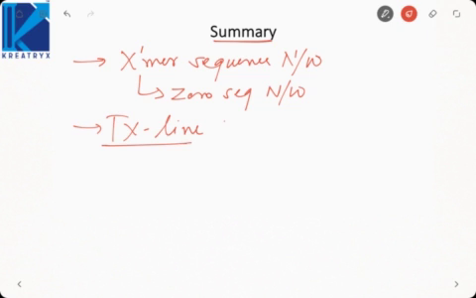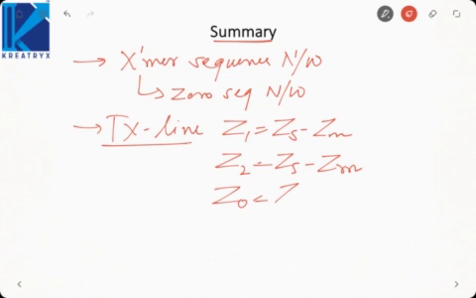In the transmission line we saw Z1 was equal to Zs minus Zm, Z2 was equal to Zs minus Zm, and Z0 was equal to Zs plus 2Zm. And then we saw how to draw the positive, negative and zero sequence networks independently of each other. In the next lecture, we will look at a few problems based on the topics that we have covered so far in fault analysis, and then we will proceed to how to analyze faulty conditions in a power system.